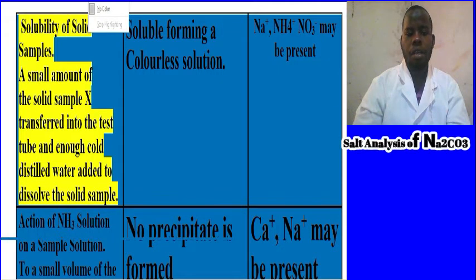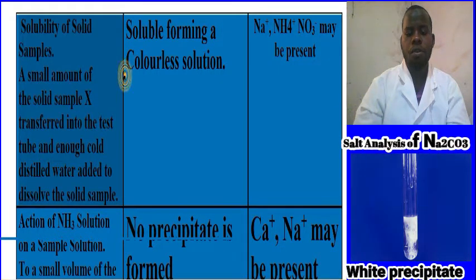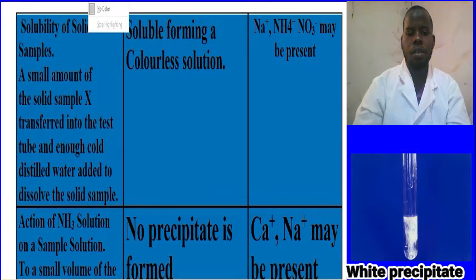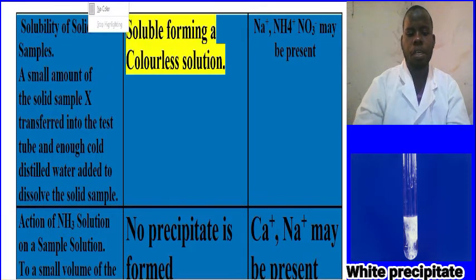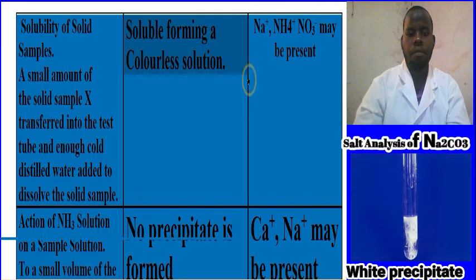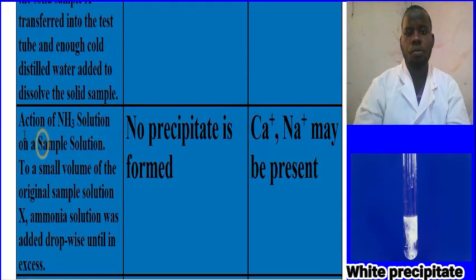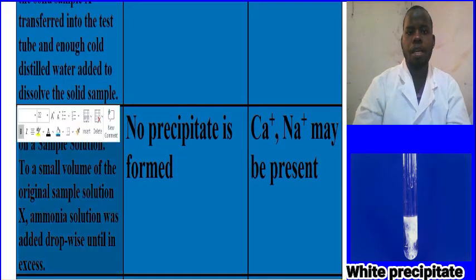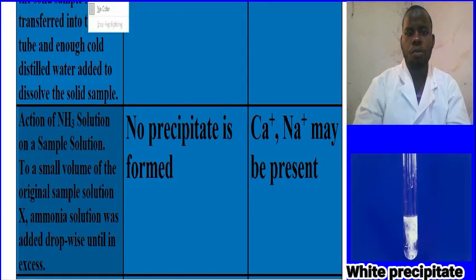Action of ammonia solution or ammonium hydroxide on sample solution X. To a small volume of original sample solution X, ammonia solution is added dropwise until in excess. That is the experiment on the action of ammonia solution. You are supposed to dissolve your sample first and then add the ammonia solution.